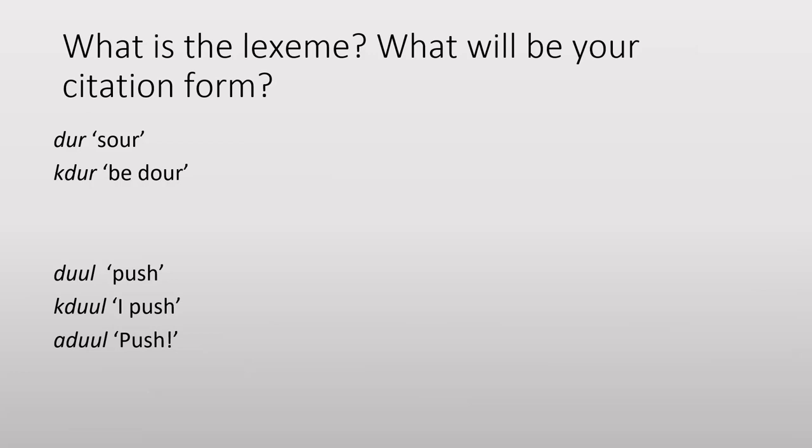I might have to put exactly dul and otherwise I won't find it. So on paper also, what is it that people are looking for? Will they look for kadul with the K, which means I push, or will they know to look under the D? So we need to think about that when we're thinking what the head word is going to be, or the main entry in our dictionary is going to be.